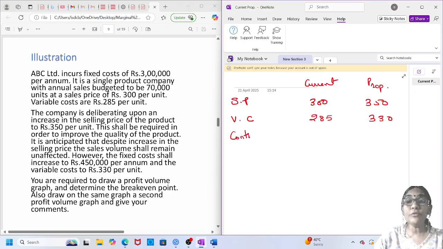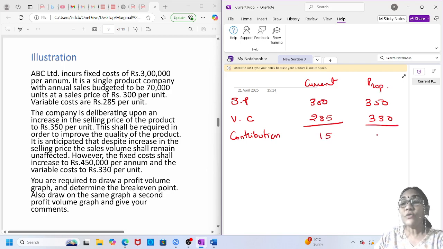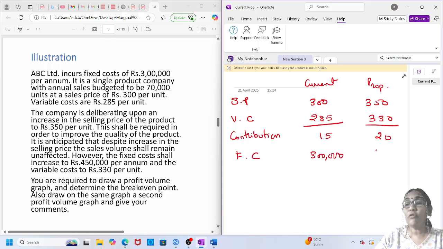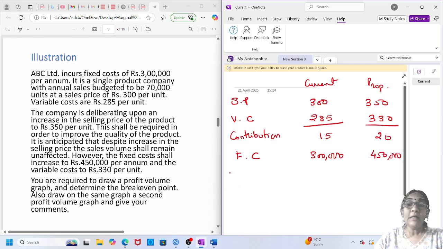Therefore, the contribution per unit is calculated as selling price minus variable cost. So that will be 15 in the current situation, 20 in the proposed situation. The fixed cost is 3 lakh rupees and 4,50,000 rupees respectively.